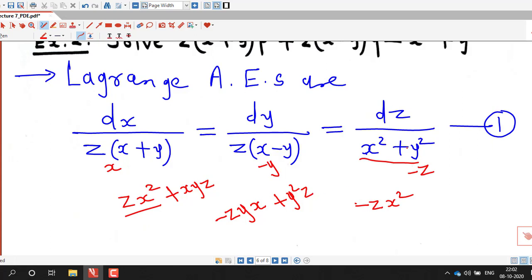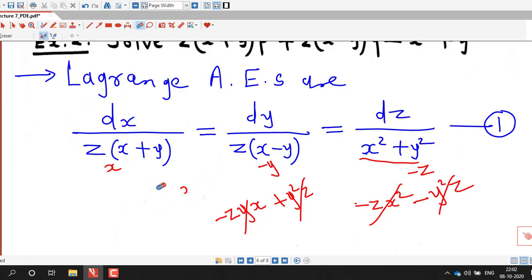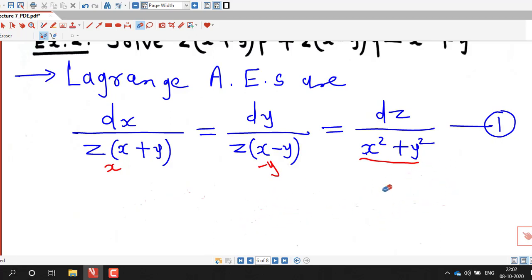And here I am multiplying with minus z, so there will be minus y square z here. So you can see we have terms which will cancel each other. So from this we can have the idea that we should select these multipliers x comma minus y comma minus z, to obtain 0 in the denominator in the new fraction.